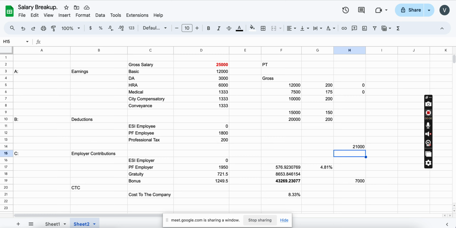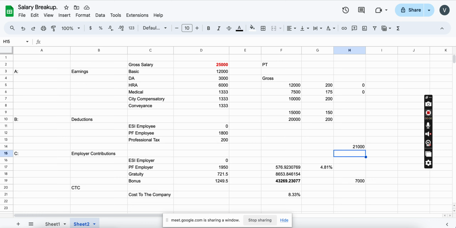And not only 7,000, in fact whichever is higher between 7,000 and the actual 8.33%. Number one condition, the employee's basic and DA salary is less than 21,000. Number two condition, if the employee's basic and DA 8.33 percent is higher than 7,000, then they should get the actual 8.33.